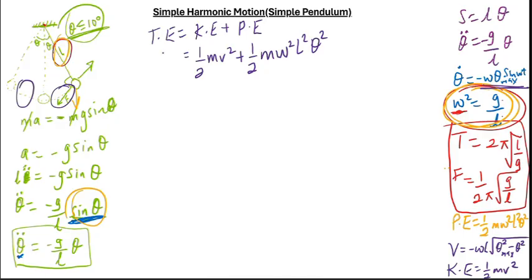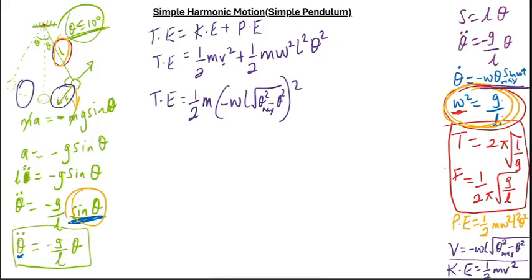Now adding this together, changing this v squared to what we have here, we have half m times minus omega L square root of theta max squared minus theta squared, all squared, plus half m omega squared L squared theta squared.